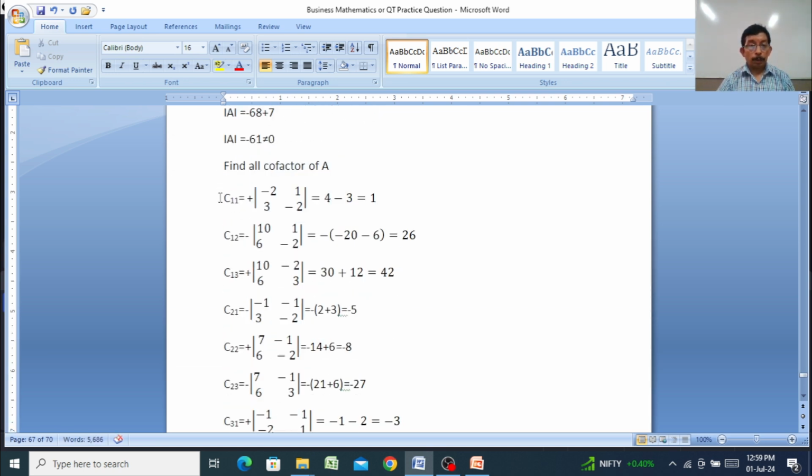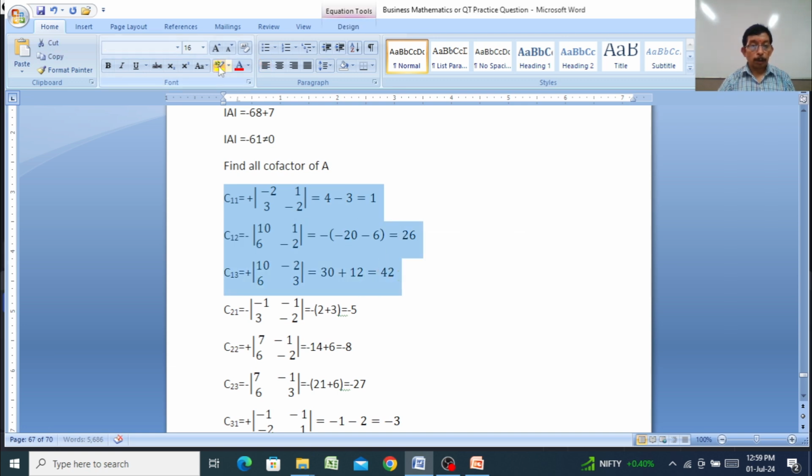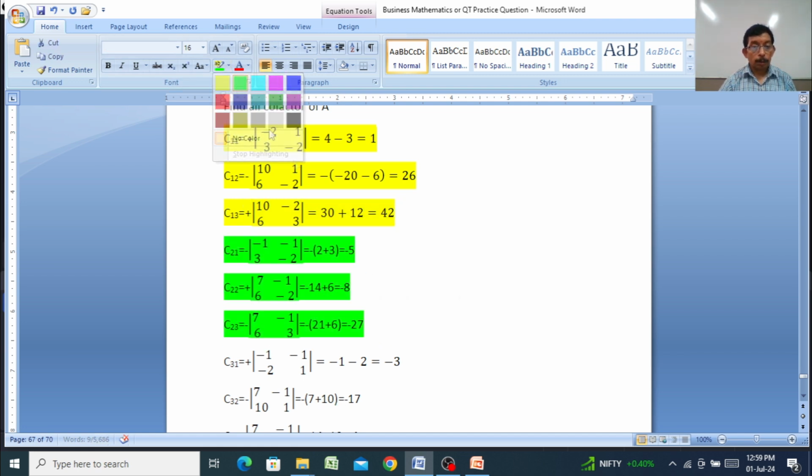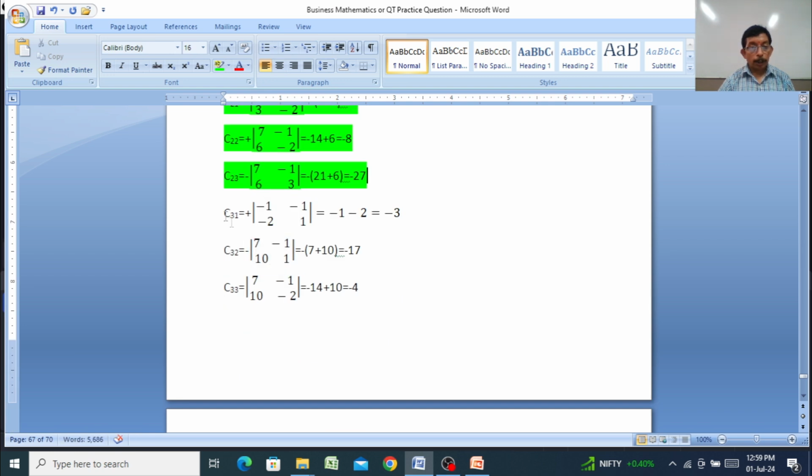Now C11 is the first row cofactor. Second row cofactor is represented by a different color, and third row cofactor is represented by a different color.